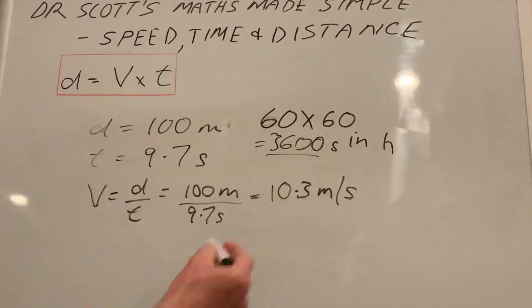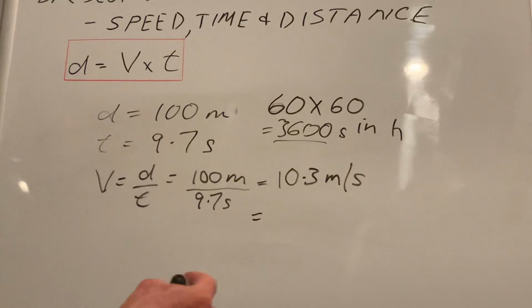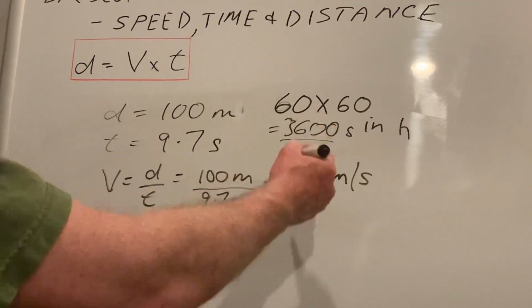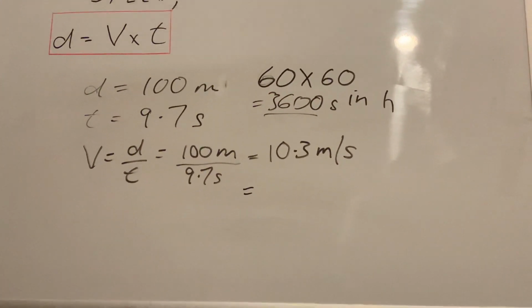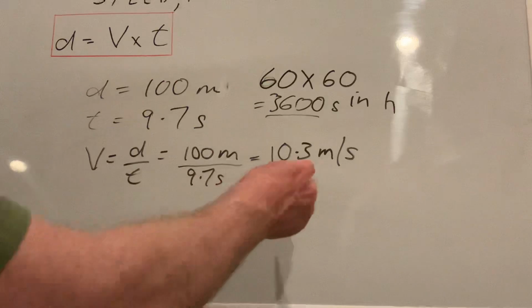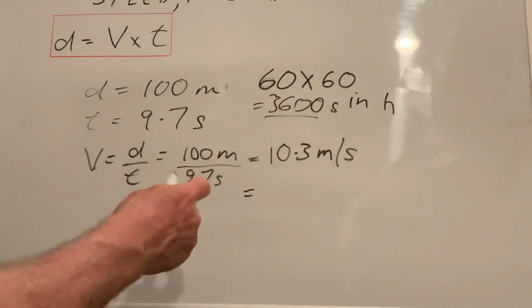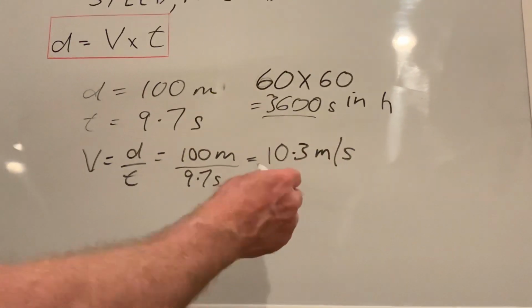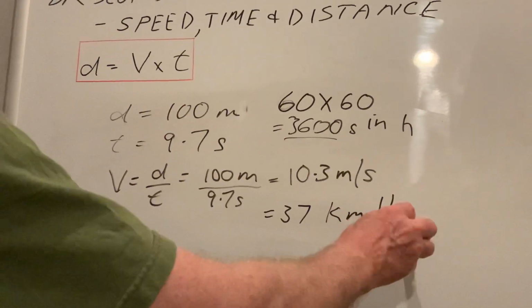Okay, so 3,600 seconds in an hour. If we multiply this by 3,600, we get the metres per hour. And then if we want the kilometres, we divide by 1,000. And what we end up with is 37, approximately, kilometres per hour.